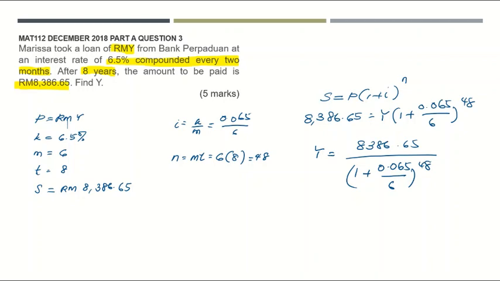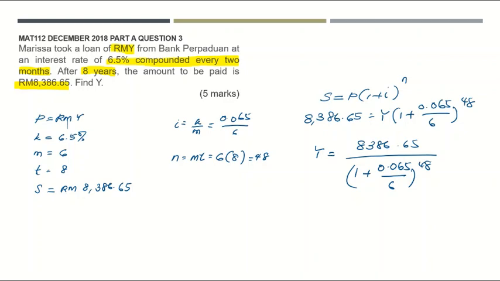Let's calculate this. We calculate the denominator first. 0.065 divided by 6, you get 0.010833, and then plus 1, you get 1.010833.